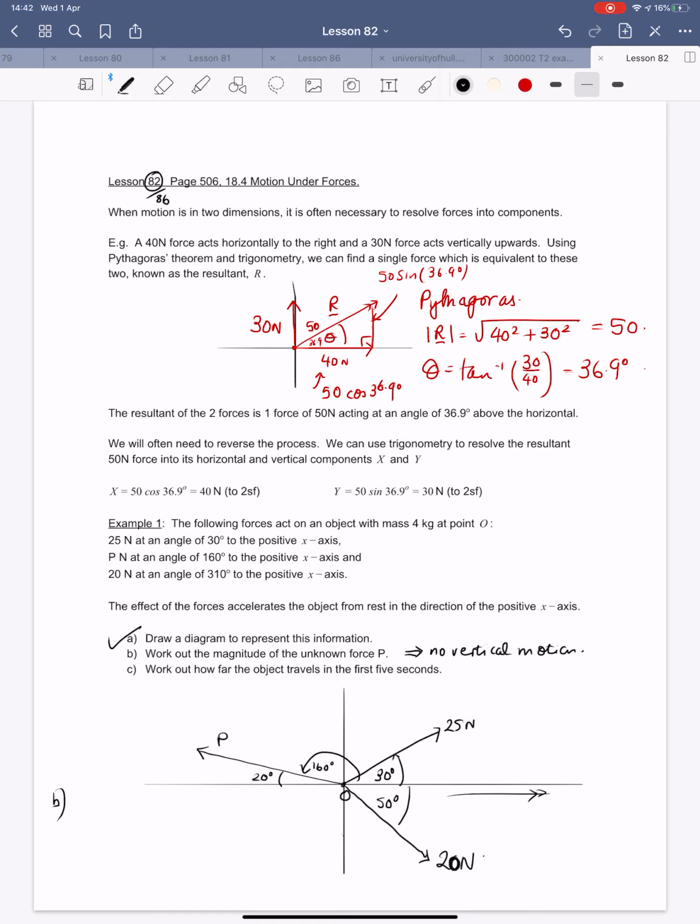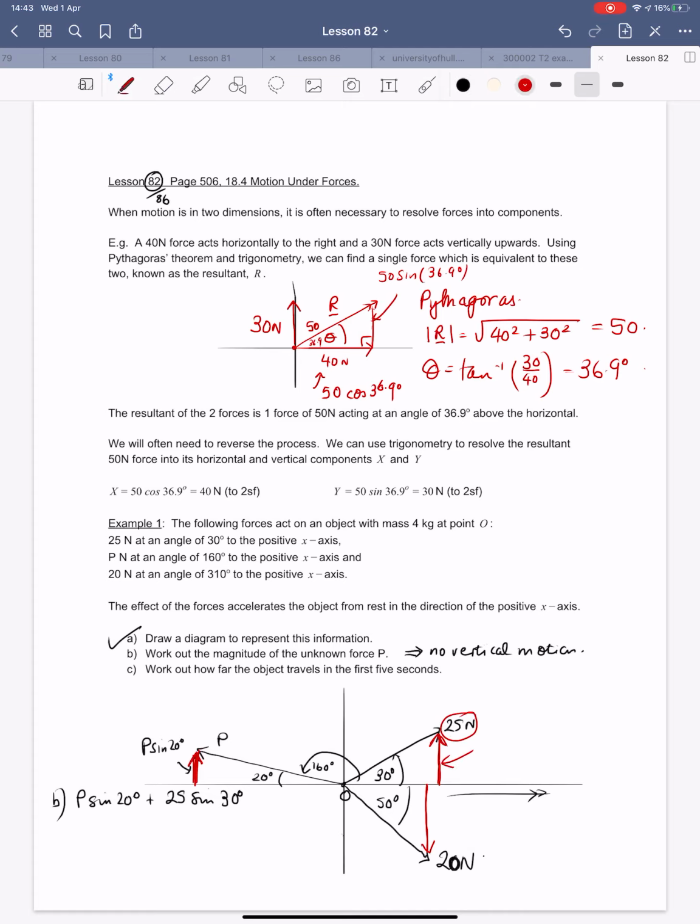So for part B, we've got P, that bit there, that's a P sine 20 degrees. I'll put these in red there. That bit plus that bit there has to equal that force there. So P sine 20 plus 25 sine 30 degrees, which is this one here.